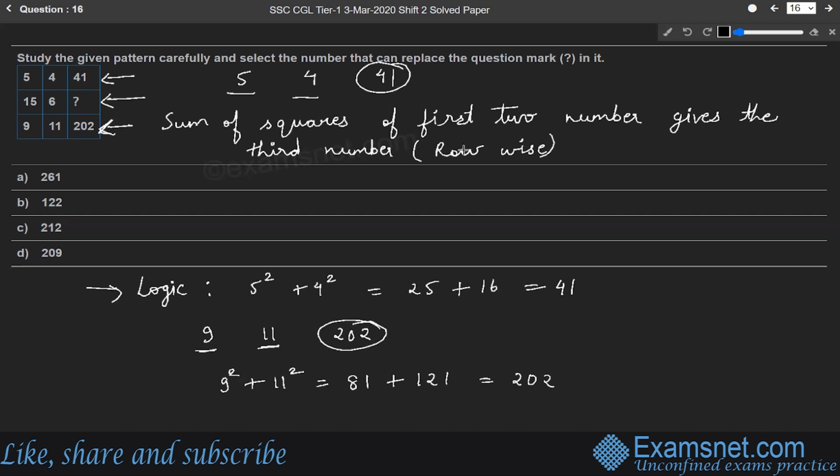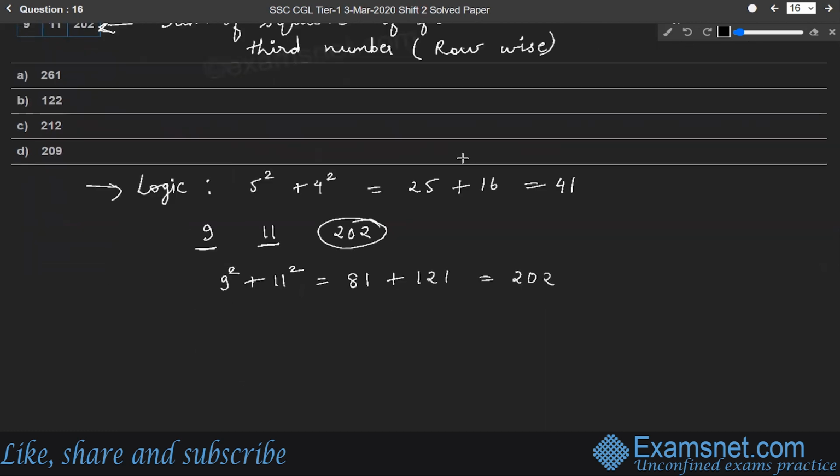Now let us apply it in the second row. In the second row, the numbers are 15, 6 and the question mark. Applying the same concept, the sum of squares of the first two numbers gives the third number. The first two numbers are 15 and 6.